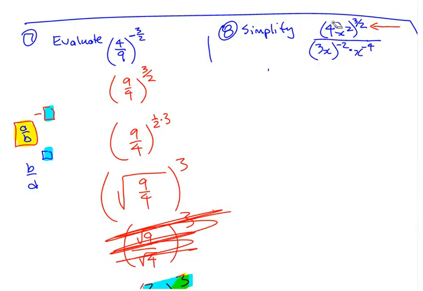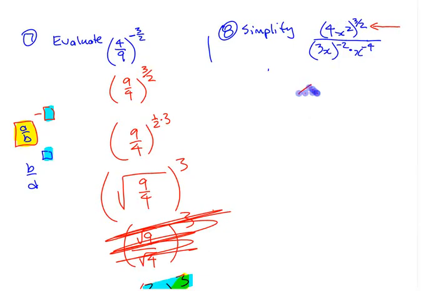Okay? The fact that this says this whole thing to the 3/2, you can deal with that first. So I'm going to write it on the top as 4 to the power of 3/2 times x squared to the power of 3/2.